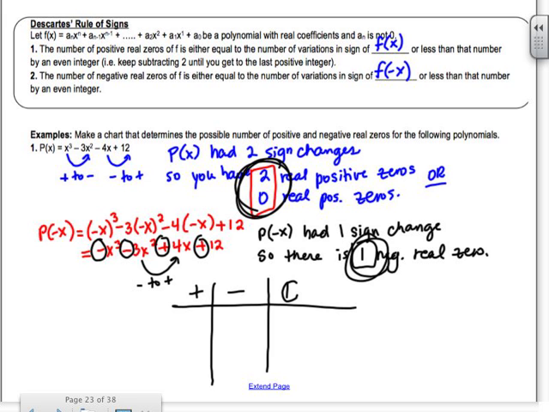So I could have 2 and 1. I could have 0 and 1. You're pairing every number here with every number here.